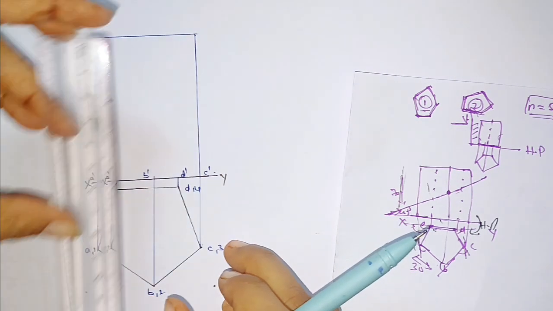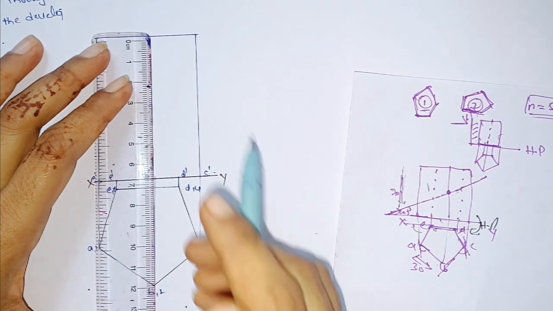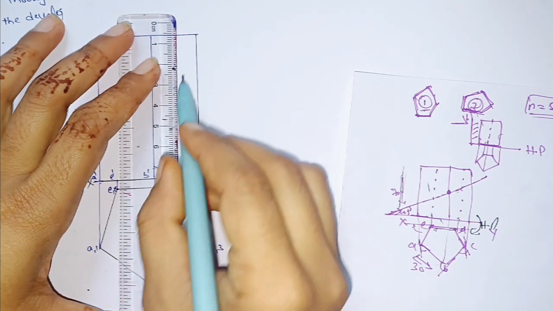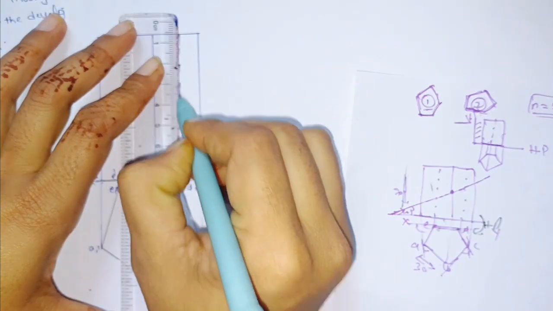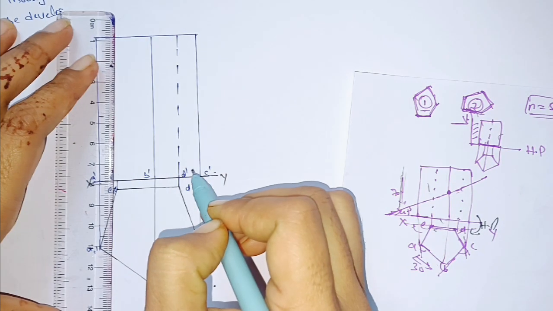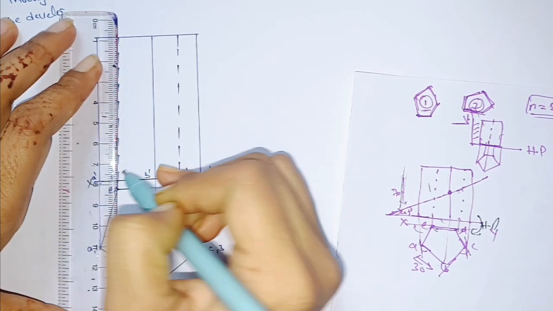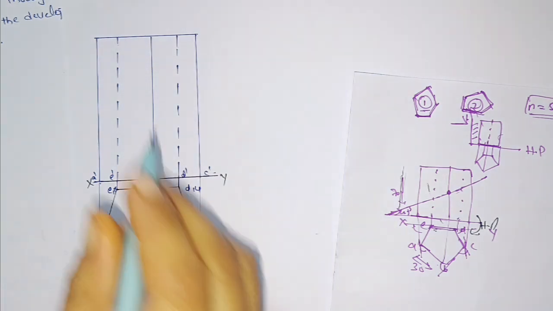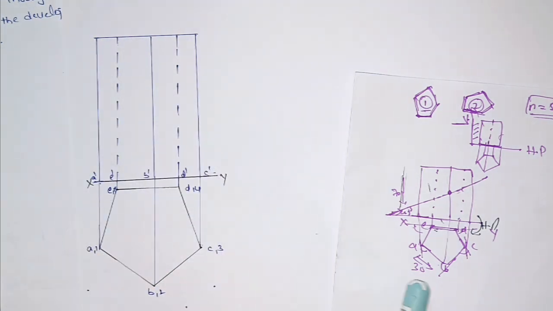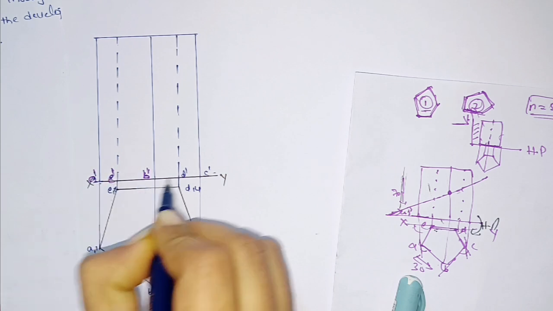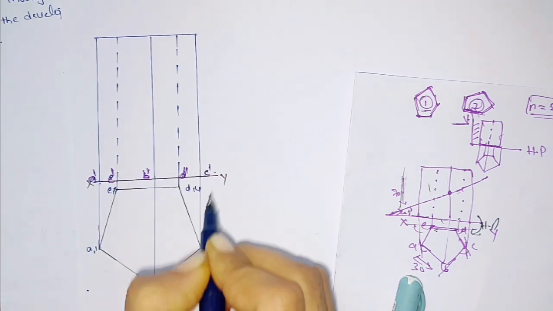You have to join the main points directly with dark lines. And D and E are the hidden points, so that's why you have to mention the dotted lines. Dotted lines, and mention the second base with the names. Second base names are A prime, E prime, B prime, D prime and C prime.